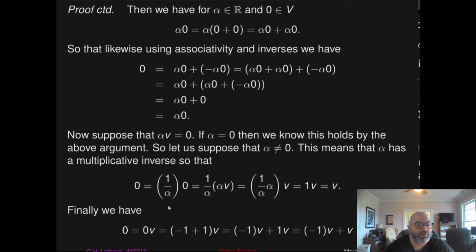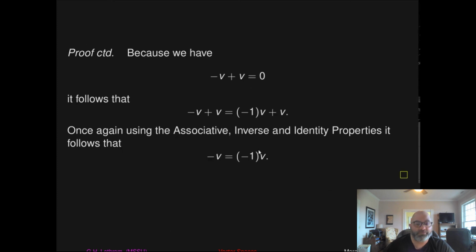Putting all of this together, we've got 0 equal to 0 times v. We can write 0 as -1 plus 1. Using our distributive property, we have -1 times v plus 1 times v, which is -1 times v plus v. Finally, because the additive inverse of v plus v is 0, we've got the additive inverse plus v equal to -1 times v plus v.